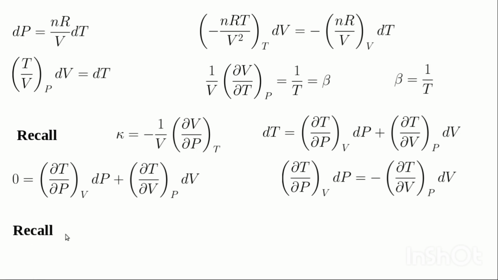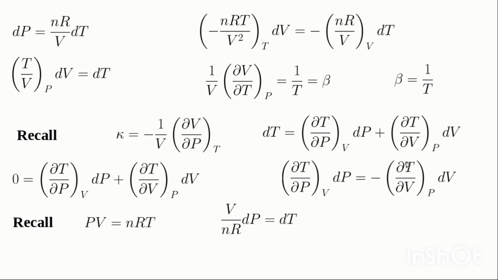Now recall that PV equals nRT. But this time I want to find dT/dP and dT/dV. So we can make T the subject of the formula, so that T equals PV over nR. If we differentiate T with respect to P, nR goes down, and differentiating P leaves V over nR.